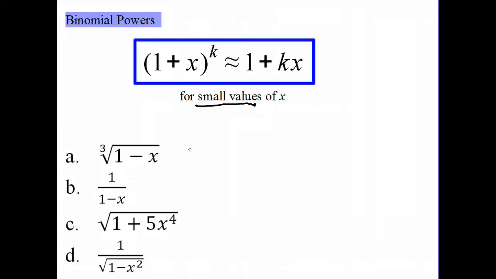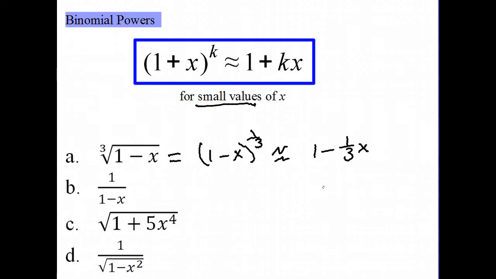Okay, so let's look at a couple examples. Let's say we have the cube root of 1 minus x. Well, we can rewrite this as 1 minus x raised to the power of 1/3. And so for very small values of x, values between 0 and 1, this is approximately 1 minus 1/3 x.